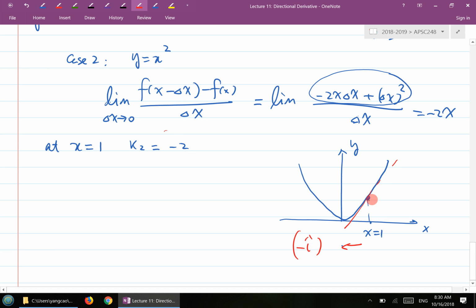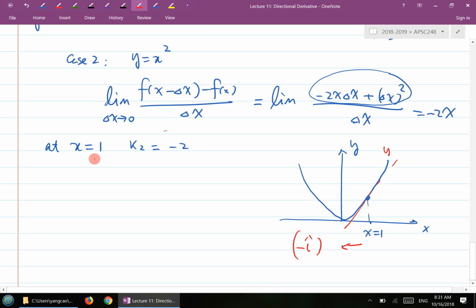And negative 2 actually makes sense, right? Because if I go from 1 to the left, what's the resulting function value y here? It must be decreasing, right? And that conforms with this negative slope right here. So a negative slope basically means there will be a decrease in the function f as you're moving from x equal to 1 in the negative i hat direction.